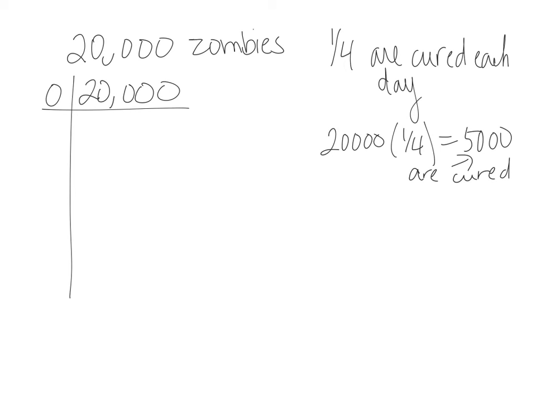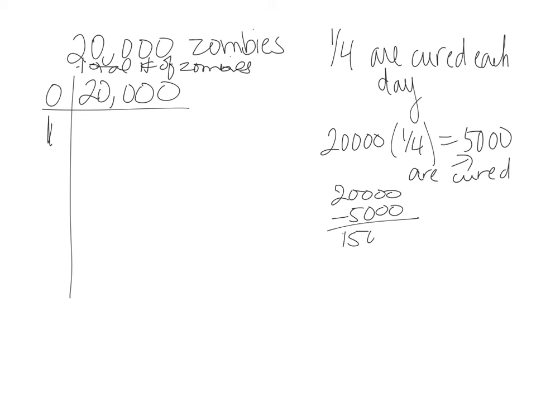Our table is the total number of zombies. Our table is not the number of zombies that get cured, so this 5,000 does not belong in this table. The 5,000 is how many we cured, so we need to put how many zombies are left in our table, which for this day would be 20,000 minus 5,000, which is 15,000. Now that I have 15,000, I can multiply that by 1/4, and that will give me how many are cured again.